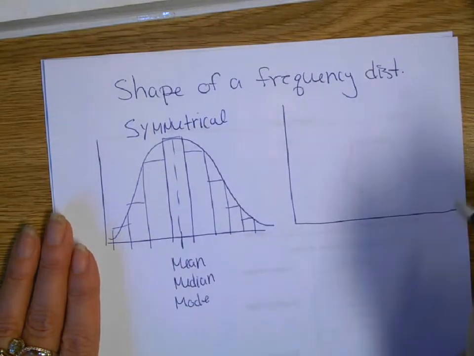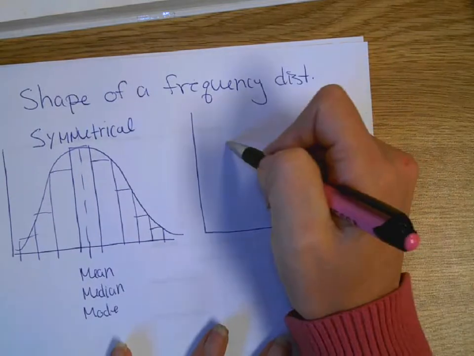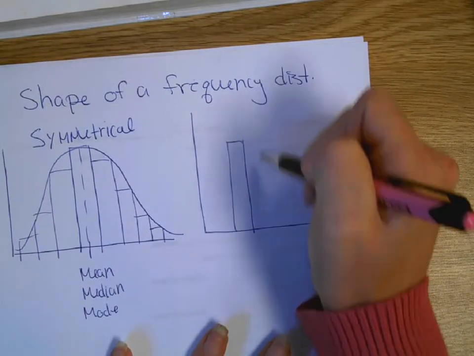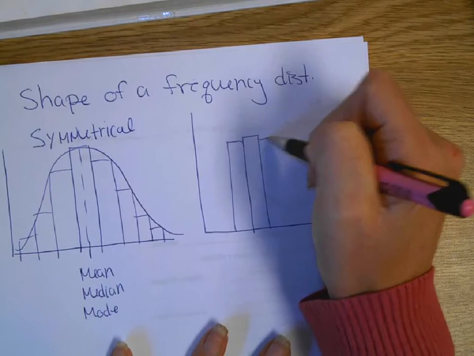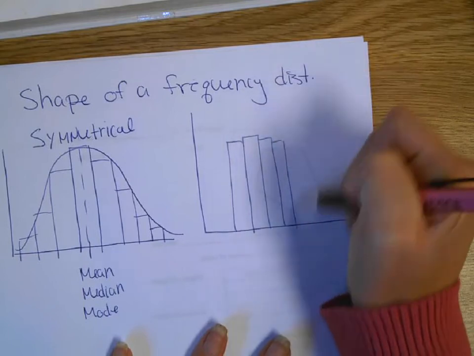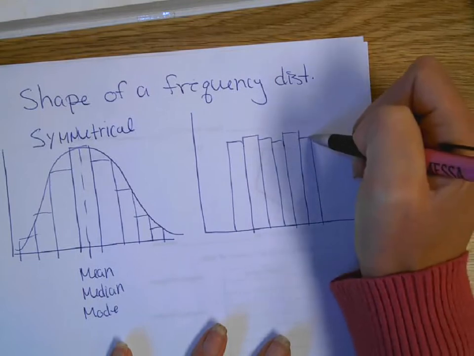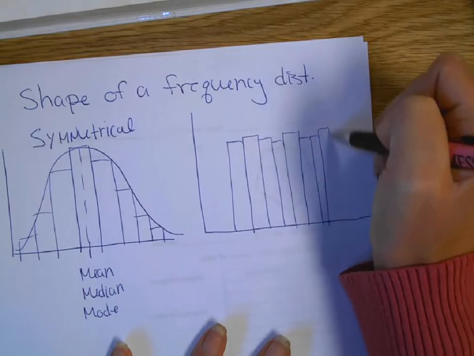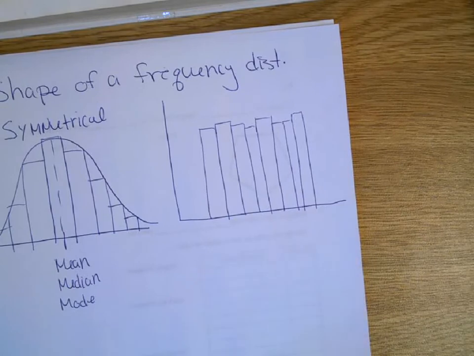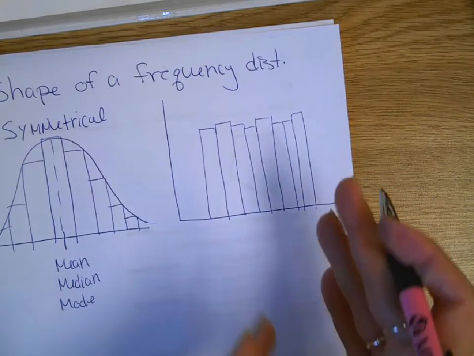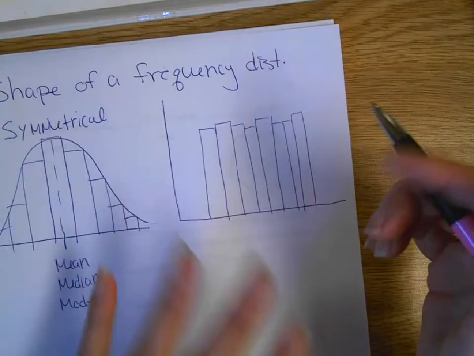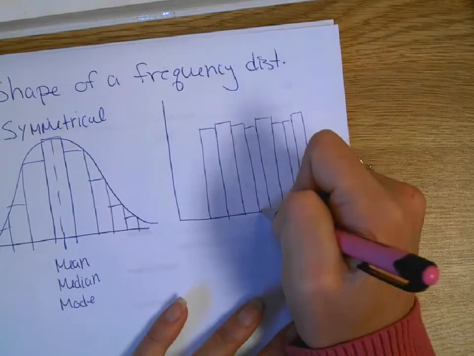The next one. If your bars are all approximately the same height, they don't have to be perfect, but you have no big drops anywhere. Okay? Here, notice we don't have one bar that's way taller than all the rest. That means we have no mode.